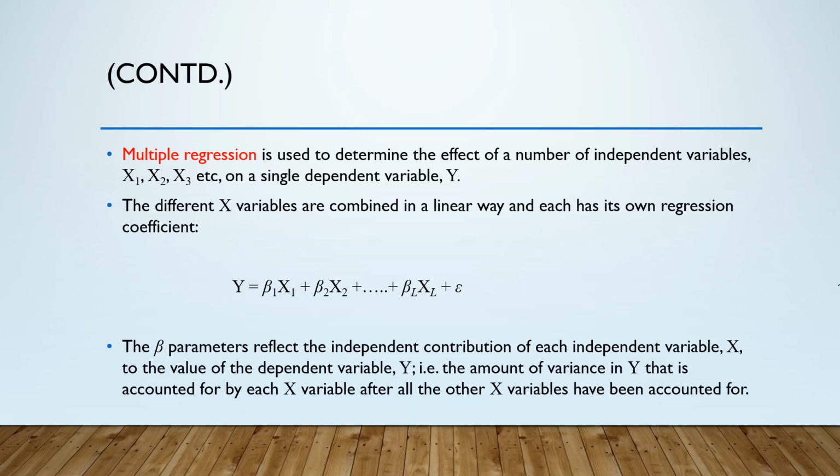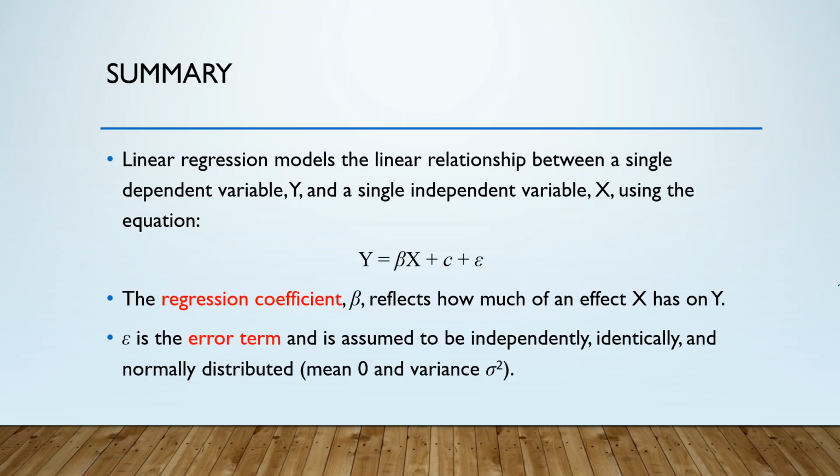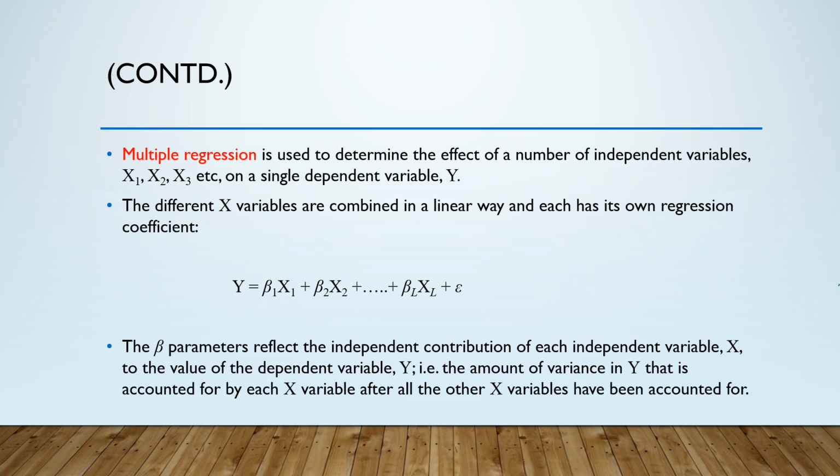So that was the simple linear regression. But now suppose we are trying to do multiple regression. Multiple regression is used to determine the effect of a number of independent variables. Here only one independent variable x was there, but suppose there are more than one independent variable, that is, suppose there are x1, x2, up to xn, that many independent variables.